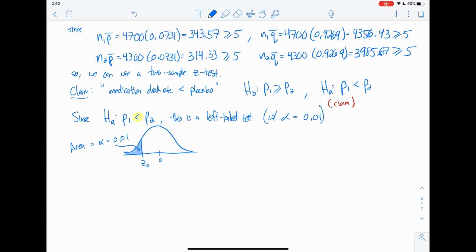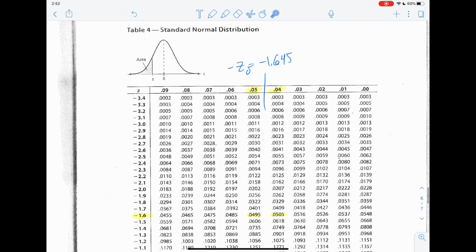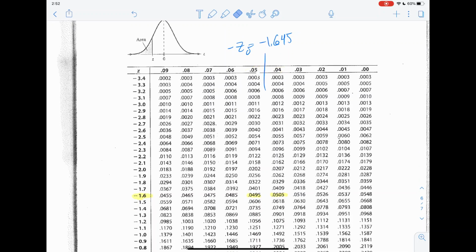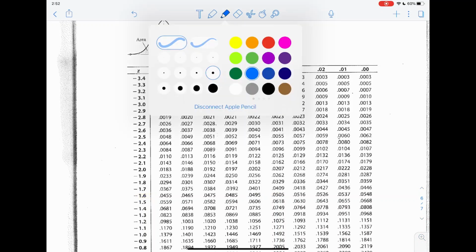So let's go take a look at the z distribution table, find 0.01 in the table, and then see what the corresponding critical value is to that area. So we're going to erase the work from the previous problem. We want to find 0.01.